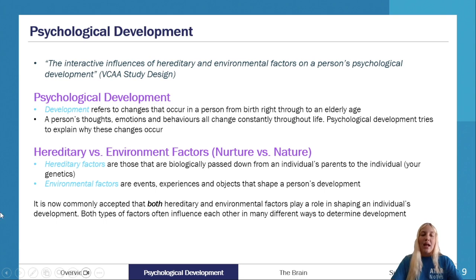However, because of that interplay, if there was no genetic predisposition to schizophrenia in the first place, and it has been proven with schizophrenia that there needs to be a genetic link, it would not be possible to just experience the environmental factor of a certain kind of trauma and have schizophrenia, because we need to see both, okay? Both the hereditary and environmental factor in that case.